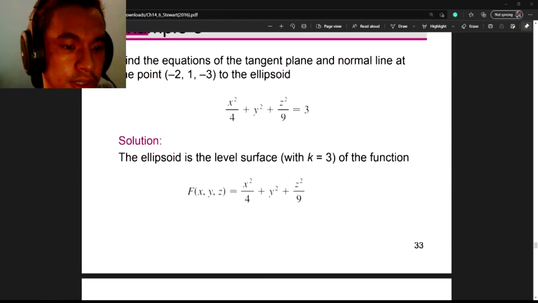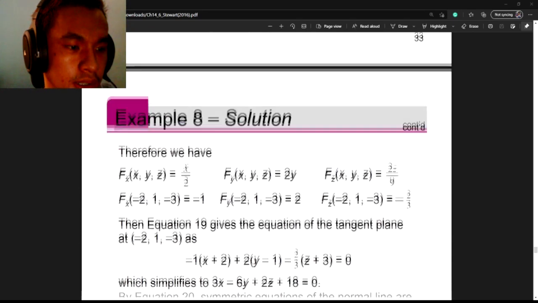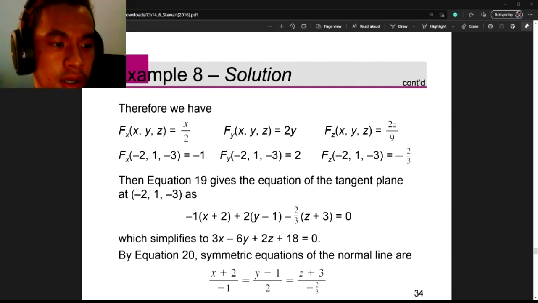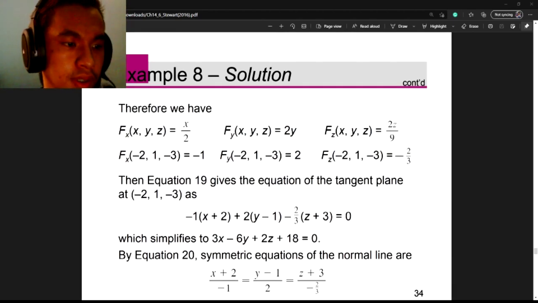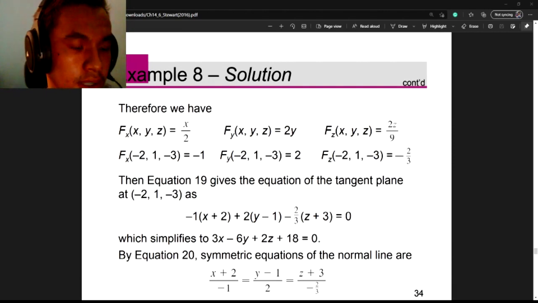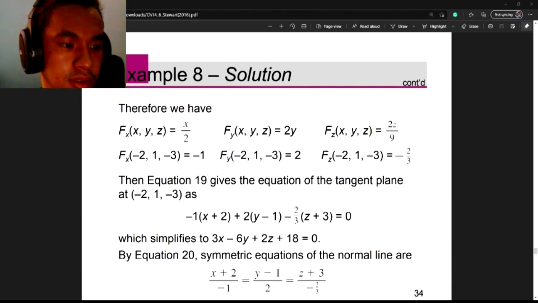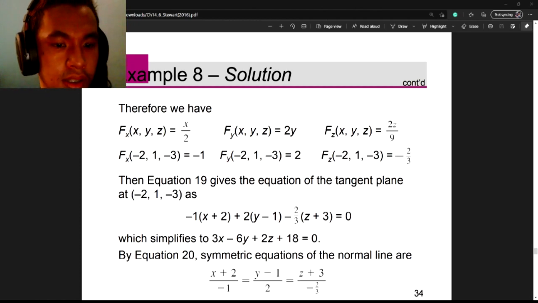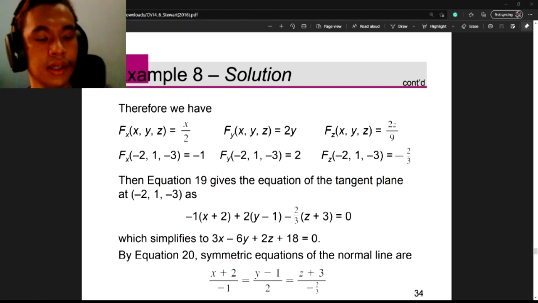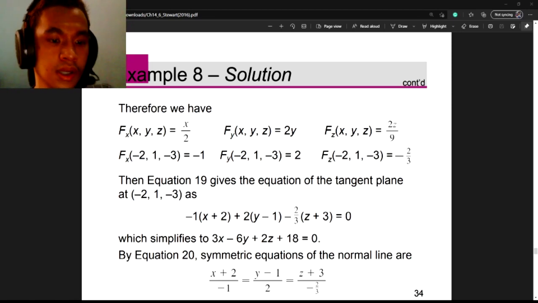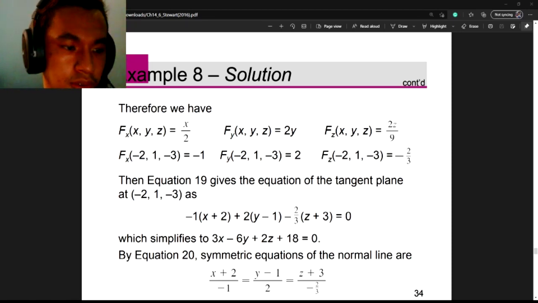We have the function here, and next, therefore, f_x(x, y, z) equals x over 2, so f_x(-2, 1, -3) equals -1. And f_y(x, y, z) equals 2y, so f_y(-2, 1, -3) equals 2, and so on.